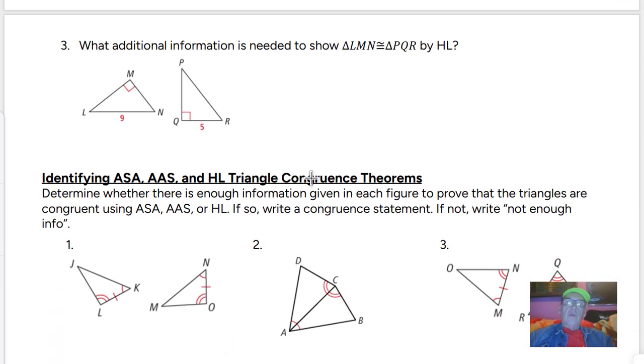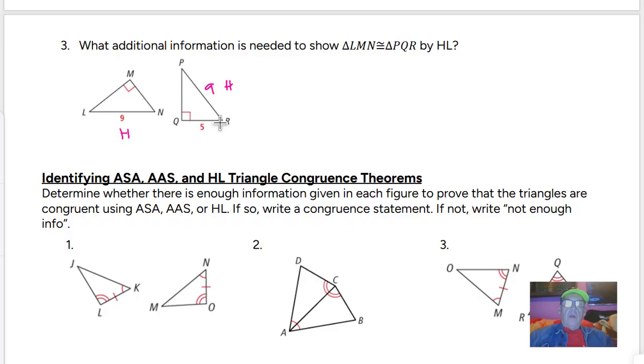Okay, what additional information is needed to show that LMN is congruent to PQR by HL? So we're looking for hypotenuse leg. So let's see what we got here. So LN, which is the hypotenuse of one triangle, is 9. So to get the other H part of the pattern, PR would also have to be 9.